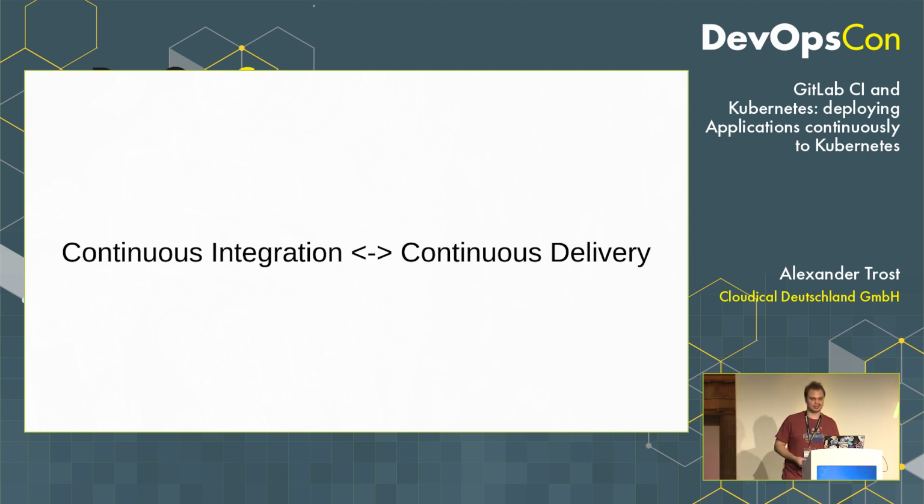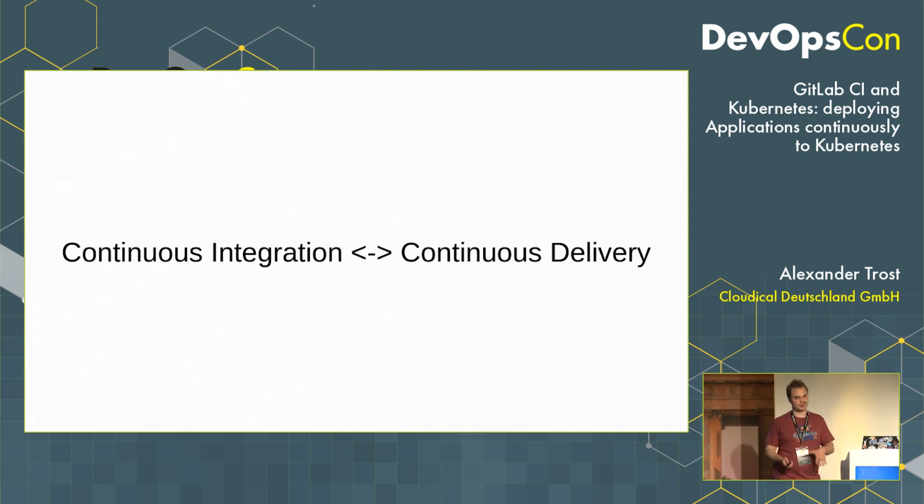Continuous integration and continuous delivery. Not trying to go too much into the discussion of what both of those mean in comparison, but summarized, the integration part, at least for me, is most of the time that I have tests and so on, trying to integrate my application with, for example, other APIs that I'm talking to, and in itself doing tests against the application, making sure it's still working as it should.